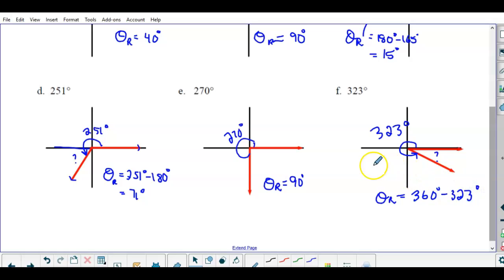So you're always going to either subtract your angle from 180 if it's in the second quadrant, subtract 180 from your angle if it's in the third quadrant, and then you're going to take 360 and subtract your angle if it's in the fourth quadrant.